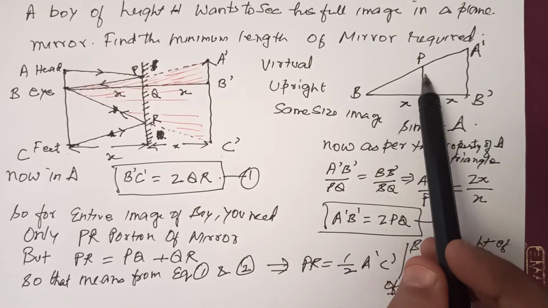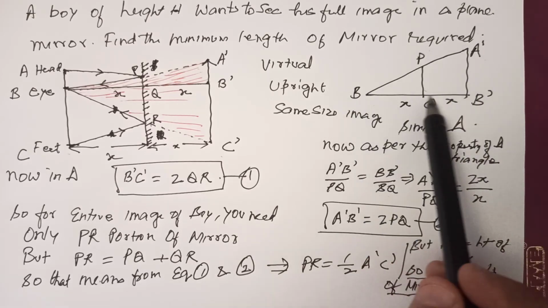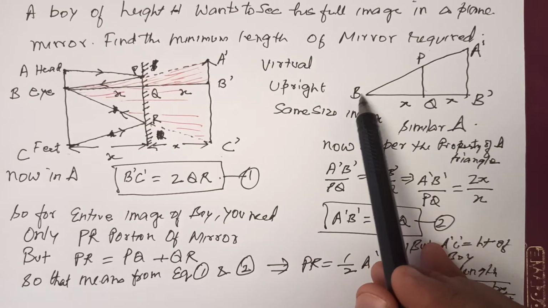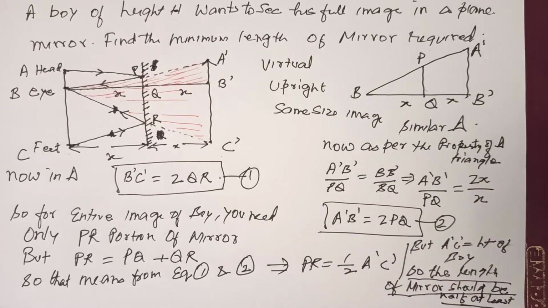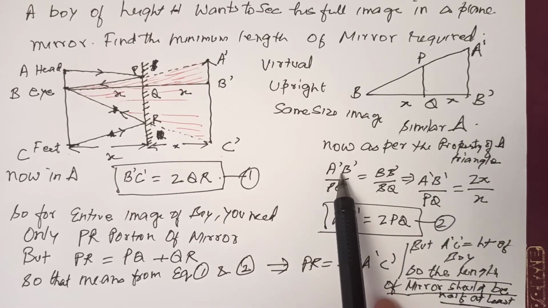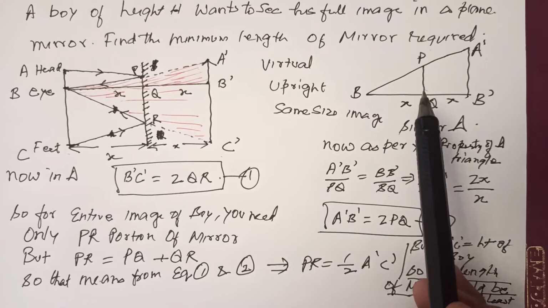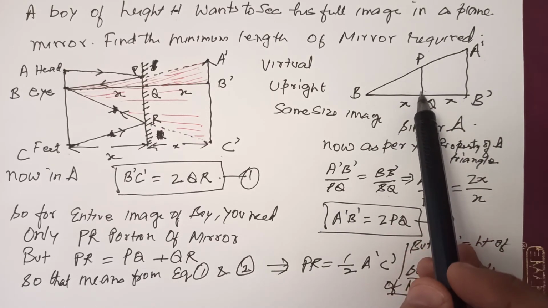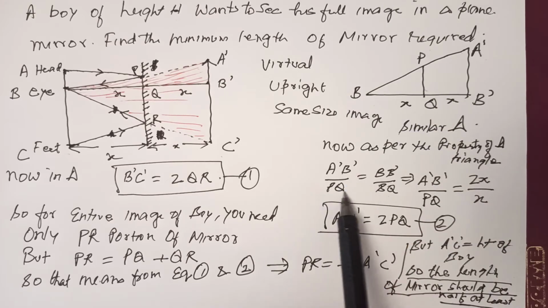So both triangles, this smaller one B, P, Q, and the bigger one B, A dash, B dash, are similar triangles. As per the property of similar triangles, we will have this side divided by this side, which is PQ, written here.